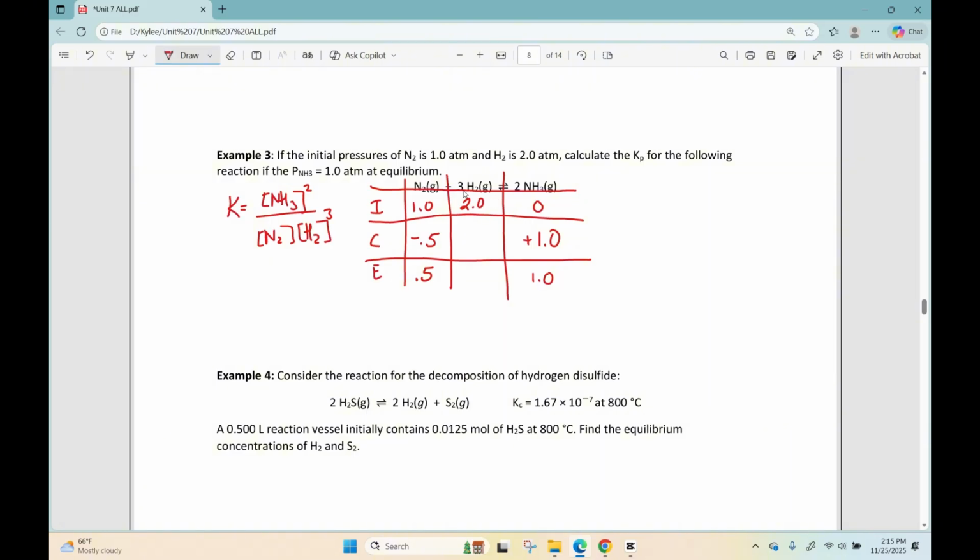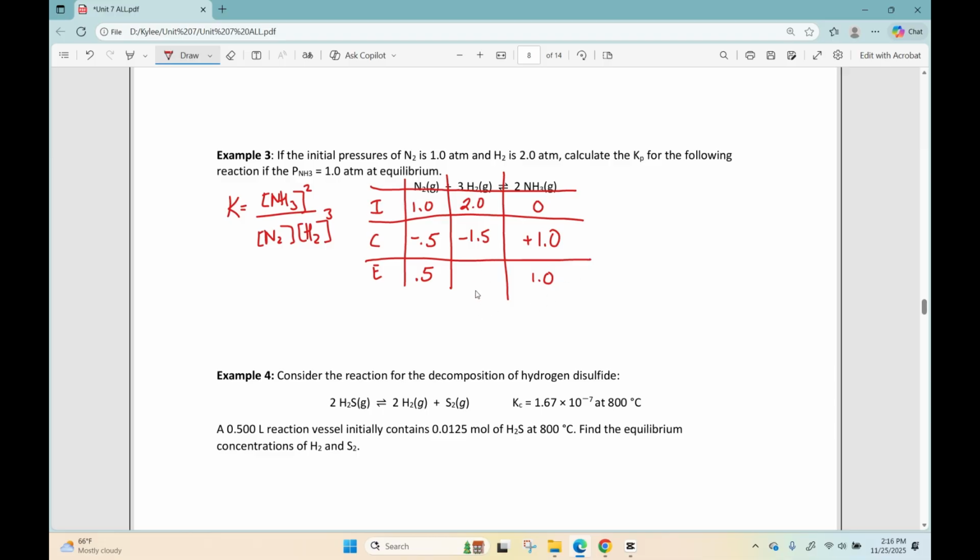For hydrogen, hydrogen has a coefficient of 3, and my product has a coefficient of 2. So for this one, working out the mole ratio, because of multiplying it by 3 and then dividing it by 2, the change for this one is going to be 1.5.